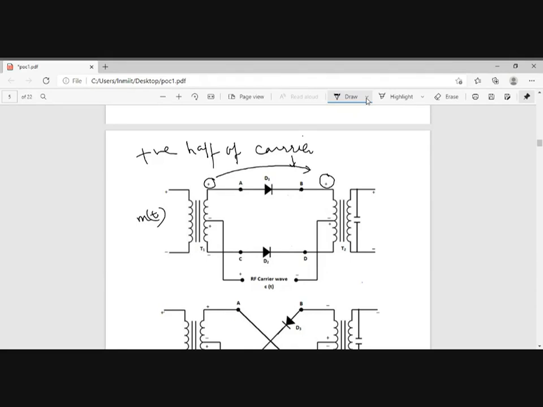So that means you will be getting m(t) here in the positive half of the carrier.